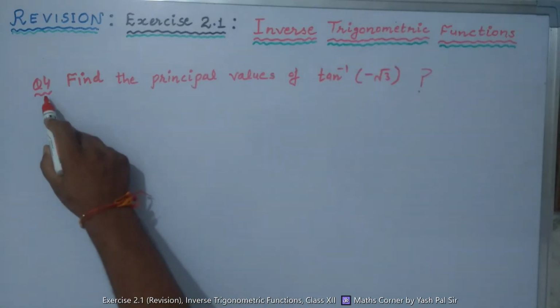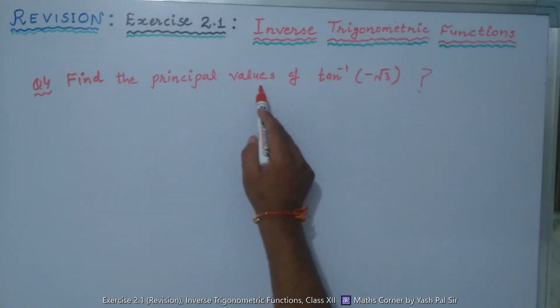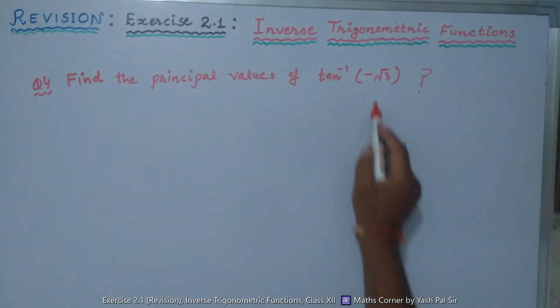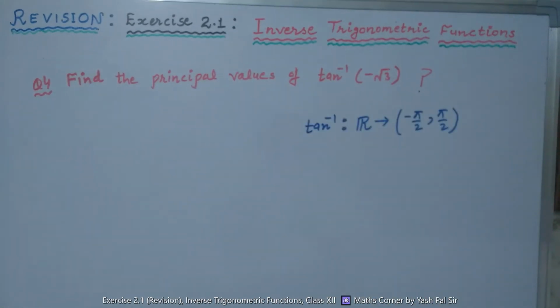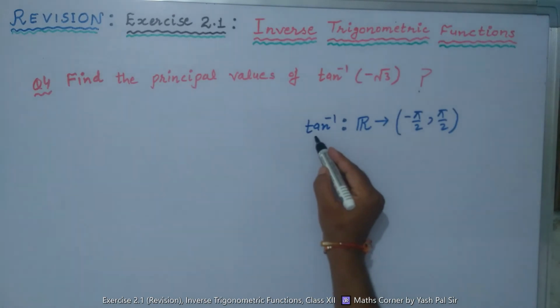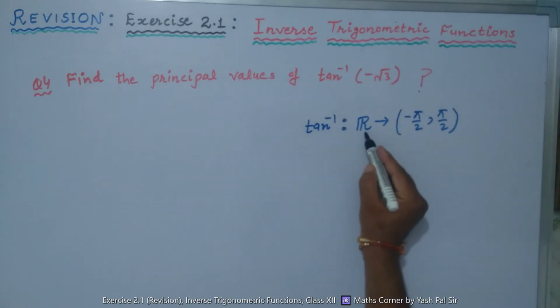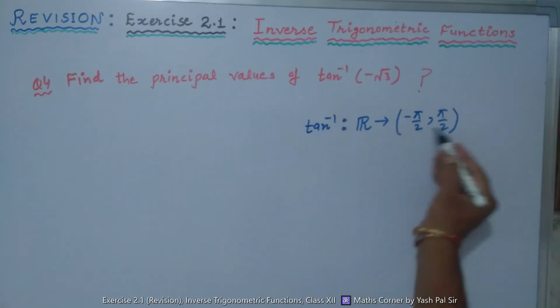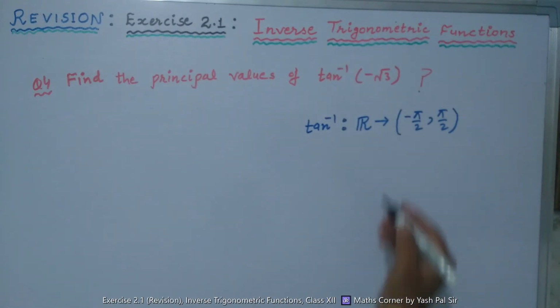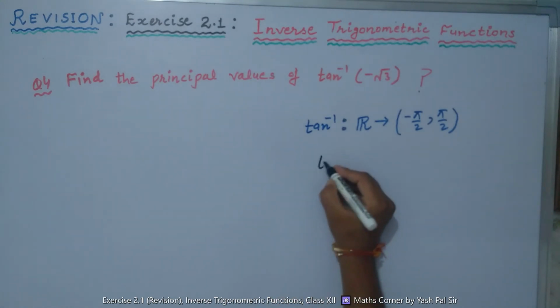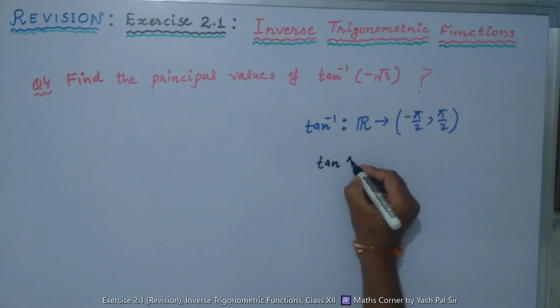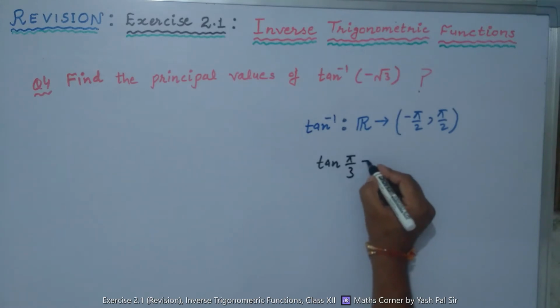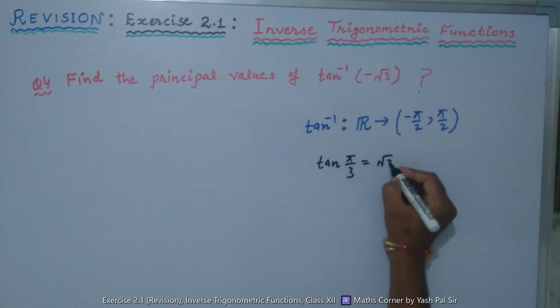Now coming to question number 4: find the principal value of tangent inverse of minus square root 3. First of all, the principal value branch of the tangent inverse function has domain the set of all real numbers, and range minus pi by 2 to plus pi by 2 with open brackets. We know that tangent of pi by 3, tangent 60 degrees, is equal to square root 3.